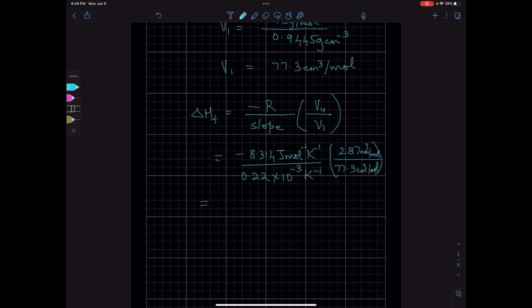This gives us a delta HF of negative 0.140 joules per mole.